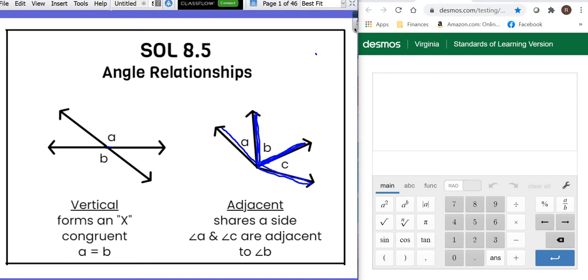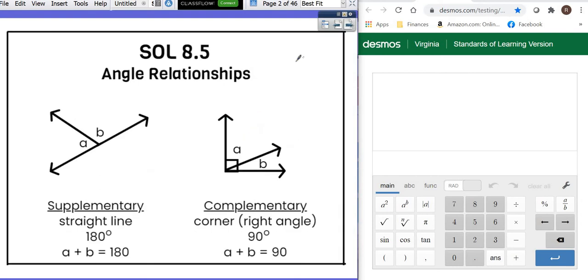Okay, let's see what we've got next. The two other super important things are the word supplementary, which means a straight line. It means two angles together form a straight line, and they equal 180 degrees. Those angles could also be separate, but any two angles that equal 180 are supplementary.